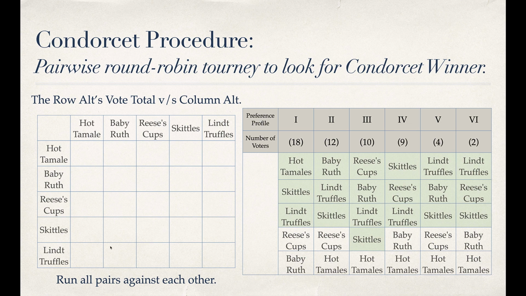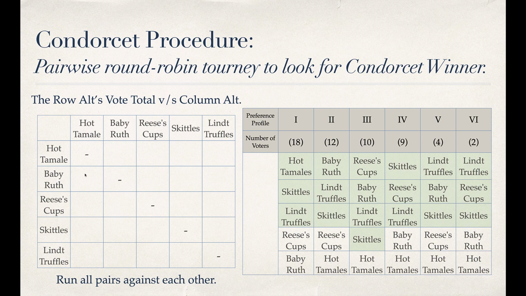So using this rows versus columns method, I'm able to do all the pairs only once and make sure I have all the pairs. The way you read this is, when I run, let's say, hot tamales versus Baby Ruth, I put each alternative's total in its row. So Baby Ruth's total goes right here.